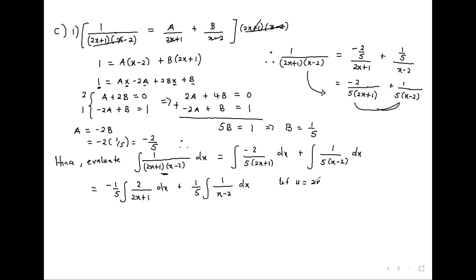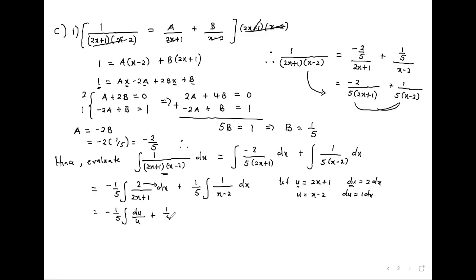And for the first piece, we can let u be 2x plus 1. What will be du? du is going to be 2 dx. So you can substitute. We have -1/5, and the 2 dx you are seeing here is equal to du, so we have du over u. For the second piece, we let u be x minus 2, and then du is going to be 1 dx.